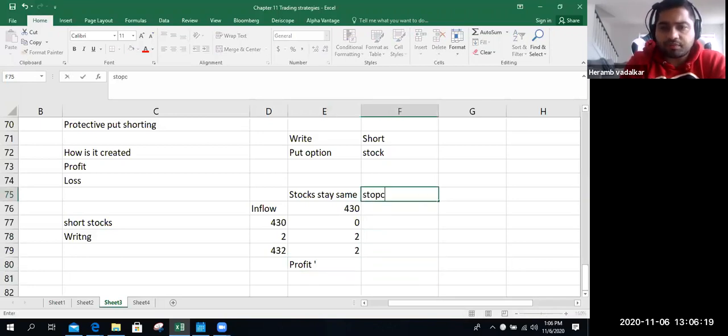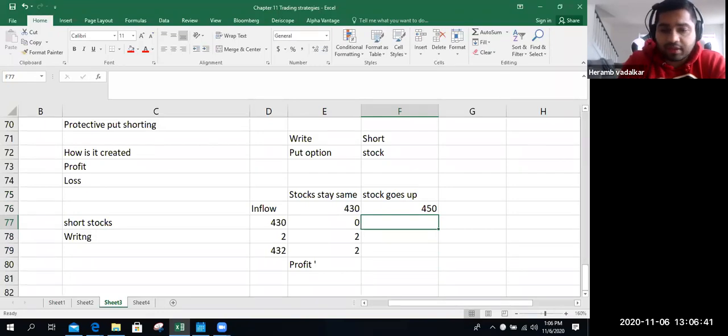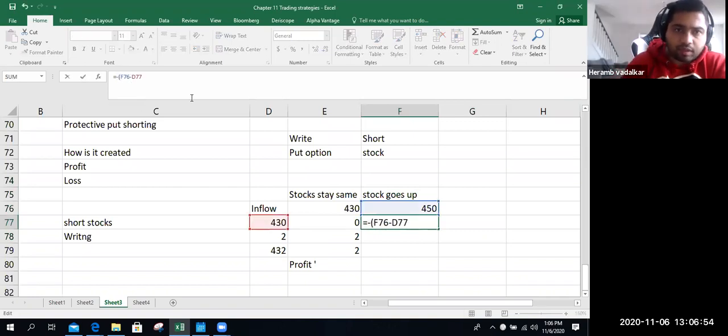If the stock goes up, let's say the stock goes up to 450, what will happen? You have shorted the stock, so you will suffer losses. How much loss will you make? You will make a loss of $20. So I'll put a negative sign where it's a loss.